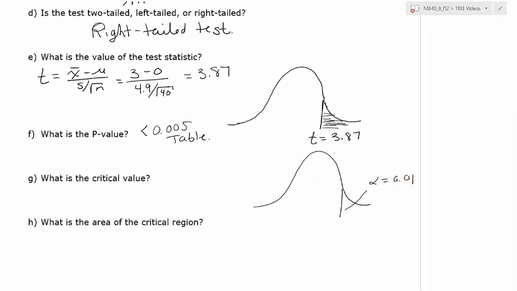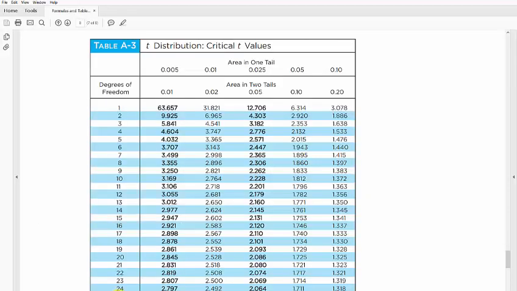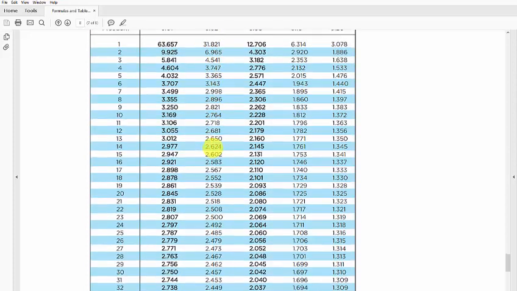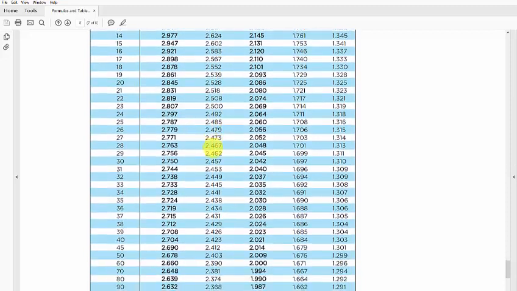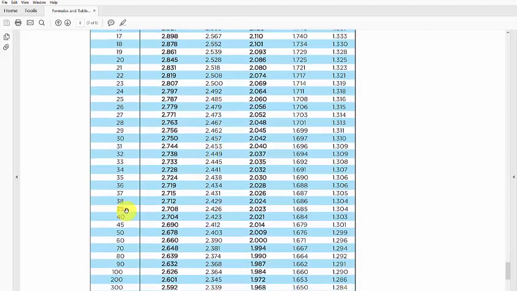So let's bring the table back up. And area in one tail is the top numbers. So here's an area of 0.01 in one tail. So we would want to use this second column of numbers and go down to 39 degrees of freedom. So here's 39 degrees of freedom, and so this would be our critical value, 2.426.